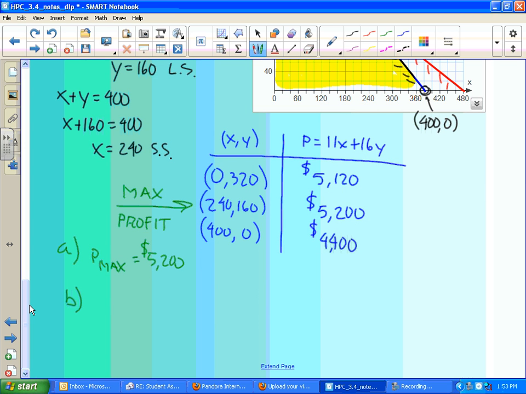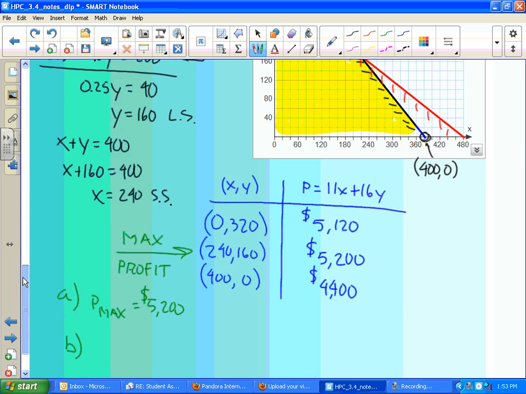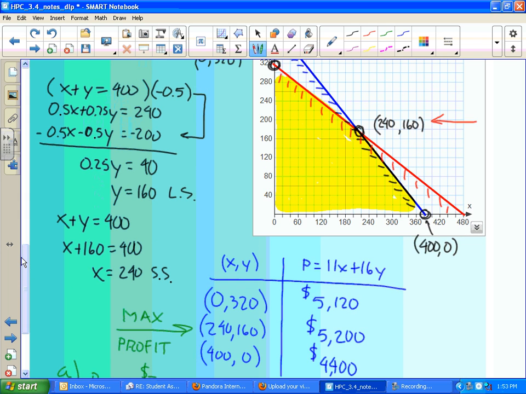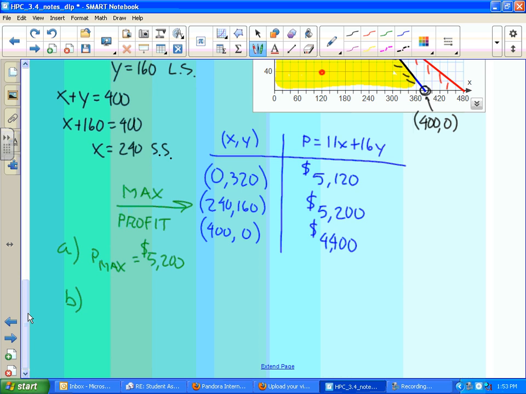But why could it not be like the inside of the yellow? Oh, good question. Why can it not be the inside of the yellow? All right, let's pick a point inside here. Let's pick 120 and 40. Plug it into our equation and let's see what kind of profit we make. Somebody do that for me.